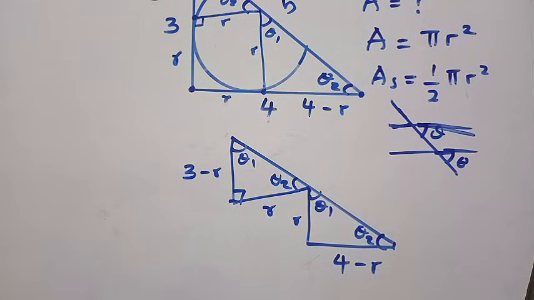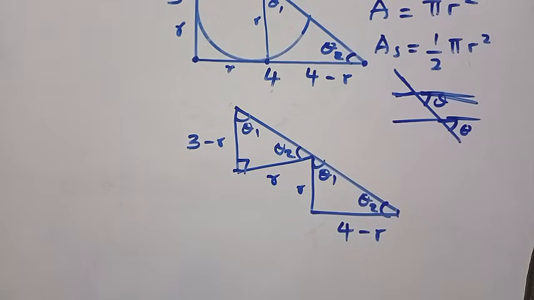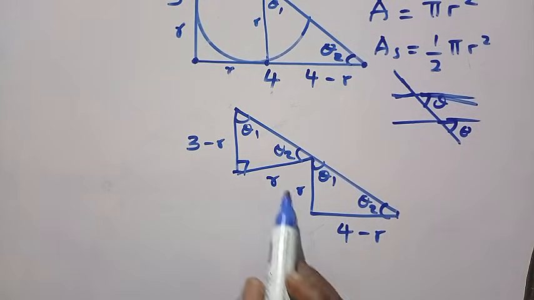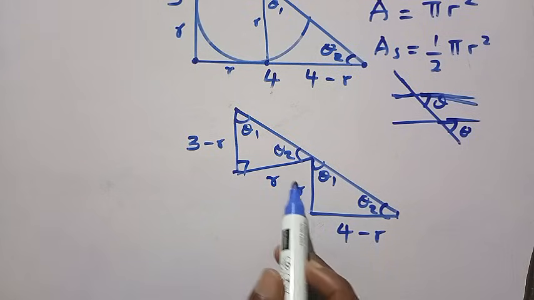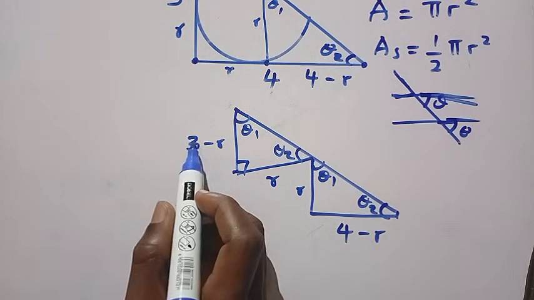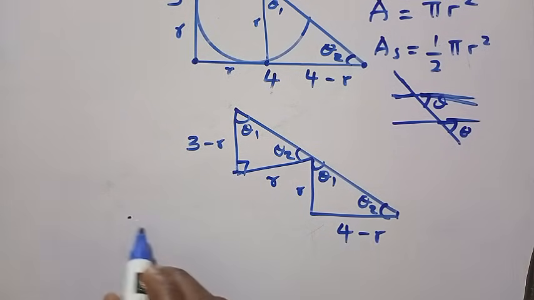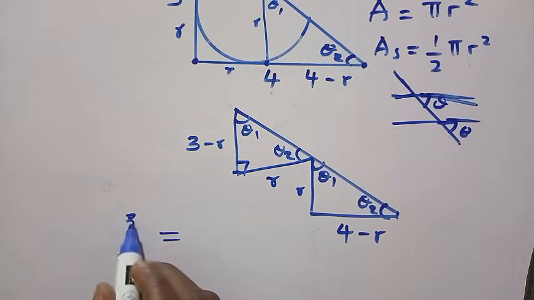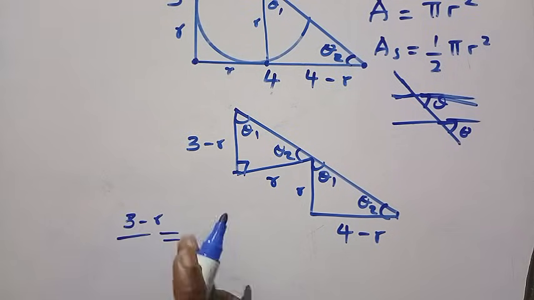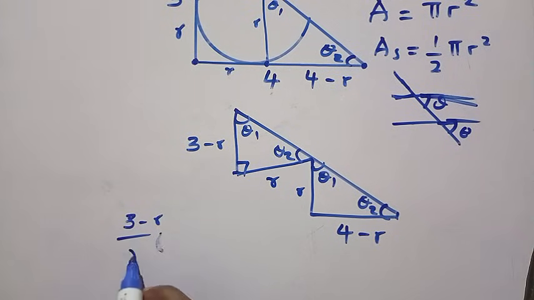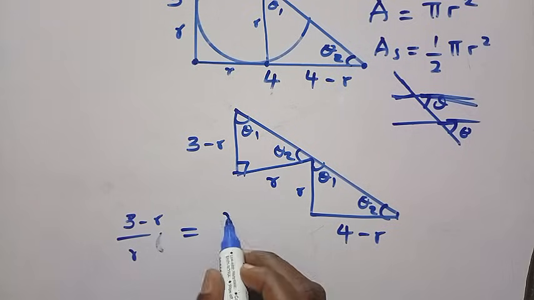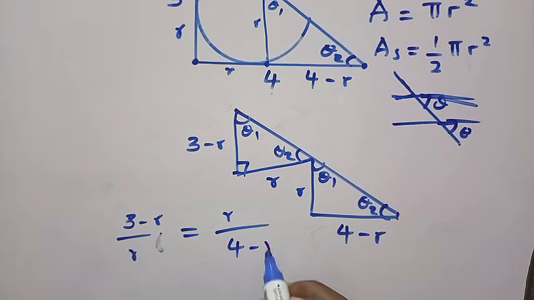So from what we have in this part, we can see that these two triangles are similar. Then 3 minus r divided by r equals r divided by 4 minus r. So this is what we are going to have.